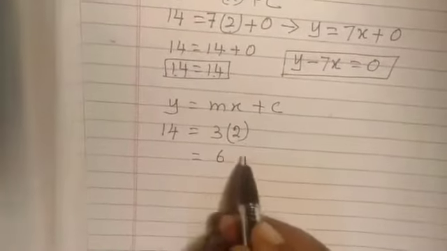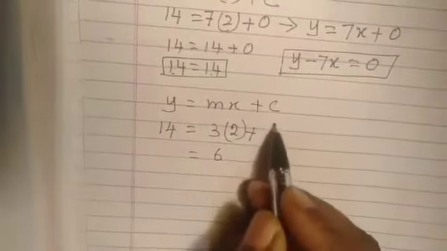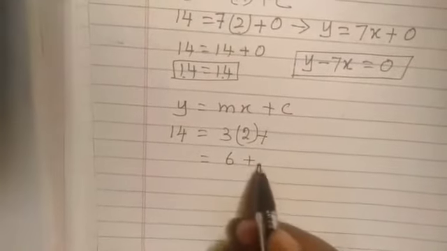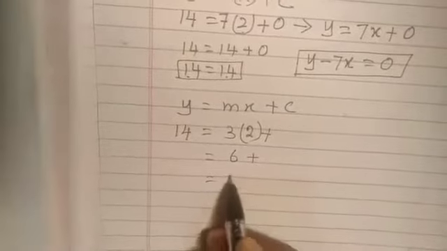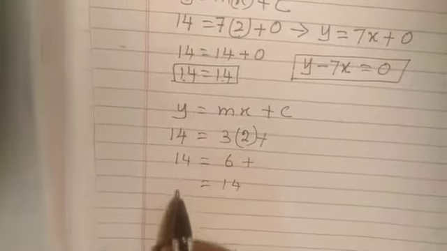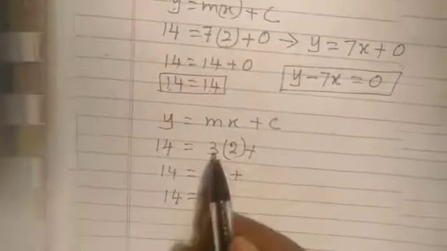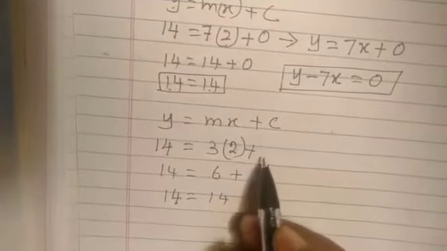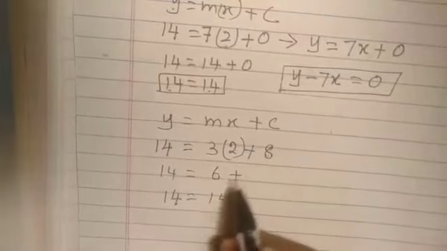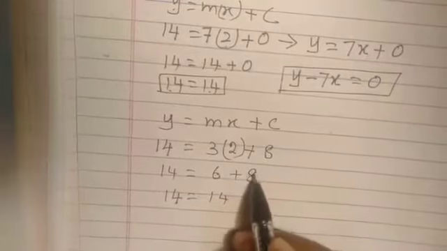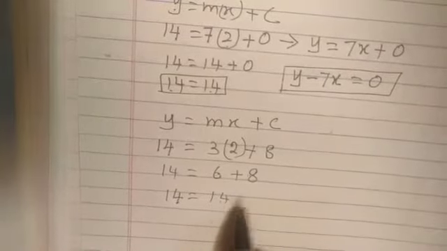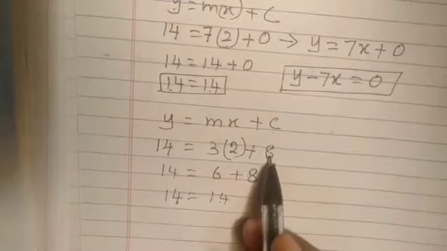It is 6. 6 plus which number will get 14, because we have 14 in y place also? We will find it is 8. 6 plus 8 is 14. So in c place we have given 8.